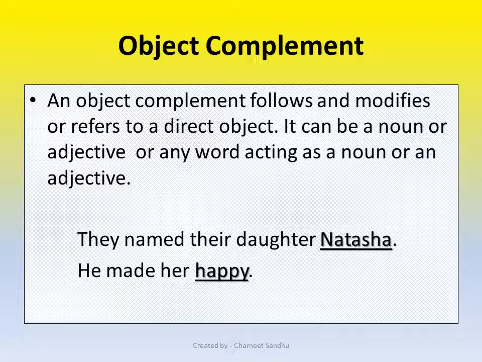In this example, daughter is the direct object and Natasha is the object complement, which renames or describes the direct object. The next example, he made her happy. Happy is the object complement.